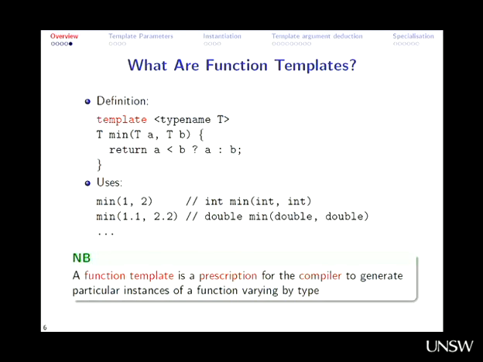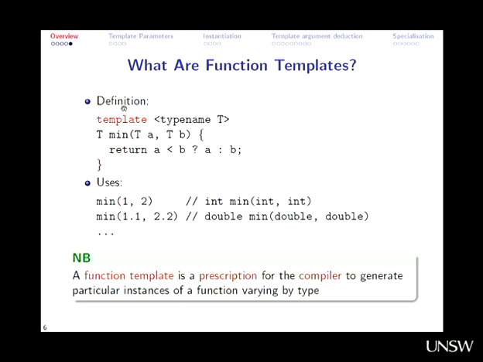And so the idea of templates is to provide basically a recipe or a prescription for the compiler to automatically generate its own functions based on the type arguments coming in. And so they look like this at the top. We've seen these slides already twice before.